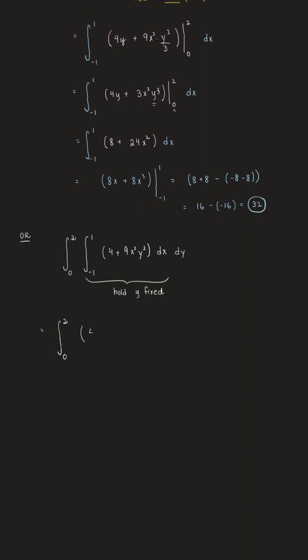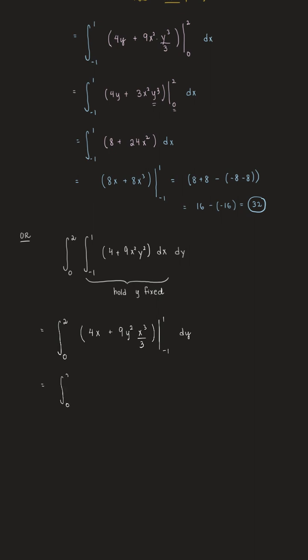The antiderivative of 4 will be 4x. And then the second term, we're thinking of y squared as a constant, so I'm going to have a 9y squared x cubed over 3. And we need to integrate that from negative 1 to 1, and the outer integral is still there.